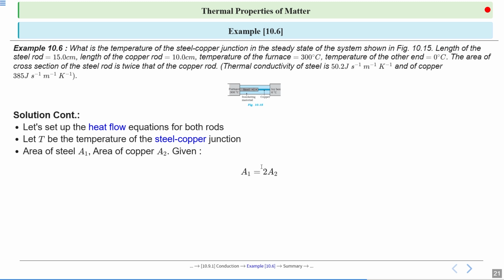So A1 is equal to 2 times A2. L1 equal to 15.0 centimeter. Here length is given in centimeter, so we need to convert it to meter. So it will be 0.15 meter. Similarly, L2 is equal to 10.0 centimeter, so we convert it to meter. It will be 0.10 meter.